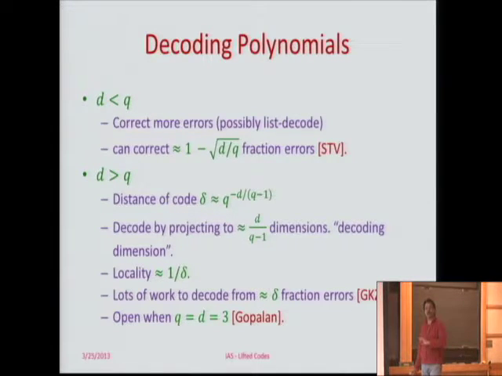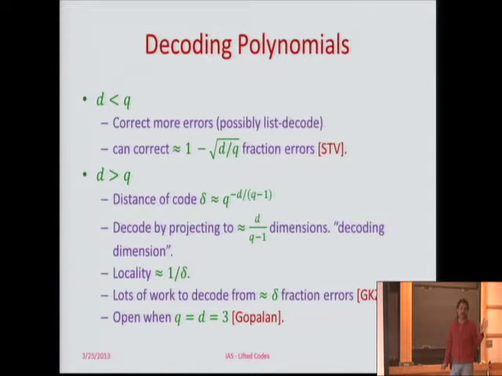The kind of analysis that goes in here is quite interesting, and not everything is known. If either q or d is 2 and the other parameter is arbitrarily large, you can do this. But when q and d are both, say, 3, we do not know how to correct from delta fraction of errors. So this is already open at this stage.